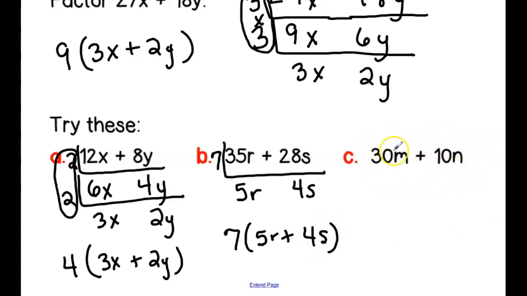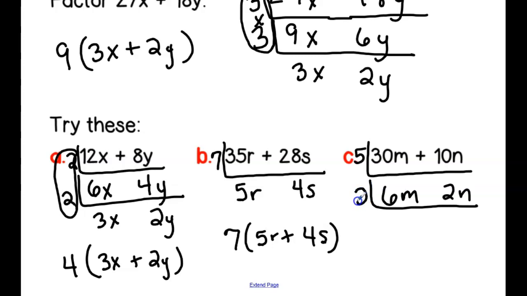Now, most of you would probably want to jump right to dividing by 10, but we're using our prime numbers. That's how we get that prime component. 30m divided by 5 gives us 6m. 10n divided by 5 gives us 2n. And these again are divisible by 2. 6m divided by 2 gives me 3m.